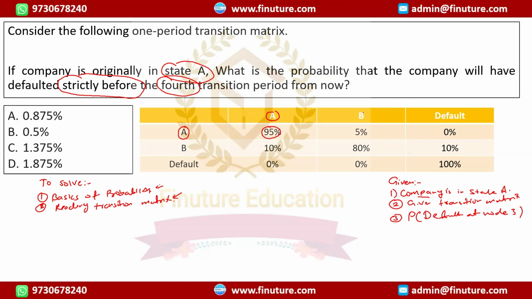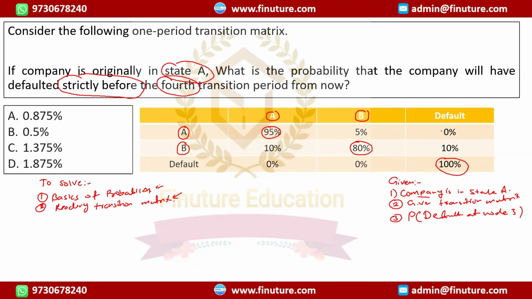Likewise, if company is currently in rating B, just for understanding, of course, for given numerical, we are given it is in state A. For sake of understanding, imagine it is in state B. So what is the chance that it would be state B in next period is 80%. Likewise, if it is in current default state, it will be next default, so it is 100%.